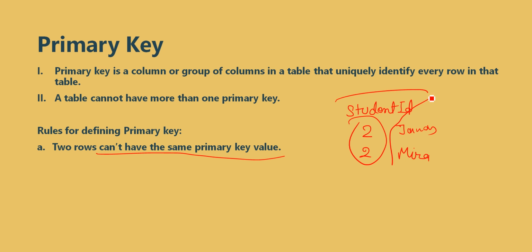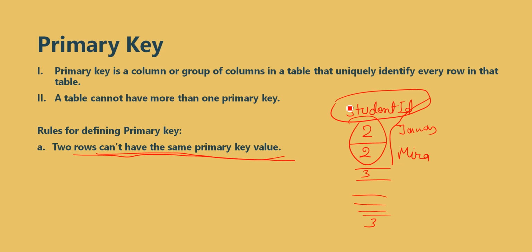We cannot select student ID as a primary key in that case, because the rule says that two rows can't have the same primary key. A primary key can only be selected if we have unique values for each and every row. If any value is repeated, let's say 3, and somewhere else 3 is also present, then student ID cannot be selected as a primary key.